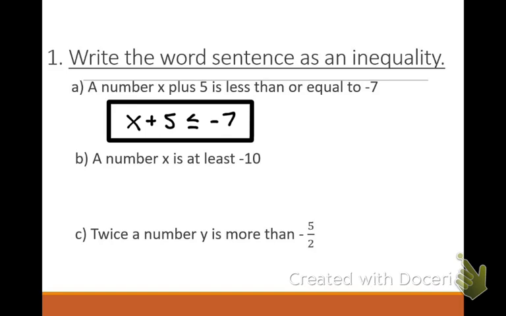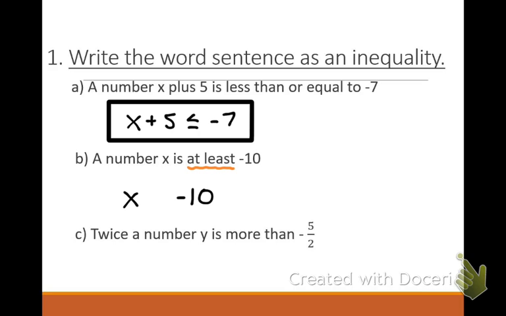Next one, problem B. A number x is at least -10. So reading from left to right, Kaylee, what should I do? I'm going to put an x. And then you do -10. Okay, she knows the -10. Now this is the trickiest part, where it says at least. Since this isn't something that tells us specifically it's greater than or less than, you got to start thinking it through. So Kaylee, if it says it's at least -10, could it be more than -10?